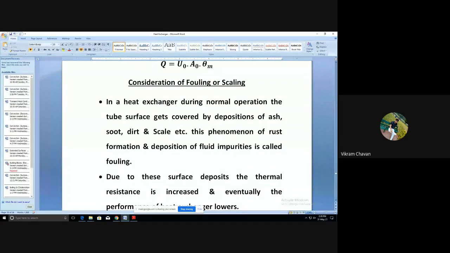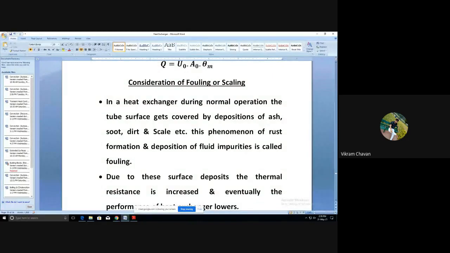Now this particular resistance is very difficult to determine. It is very difficult to comment on the thickness of that particular scale, or the conductivity of that scale formation.